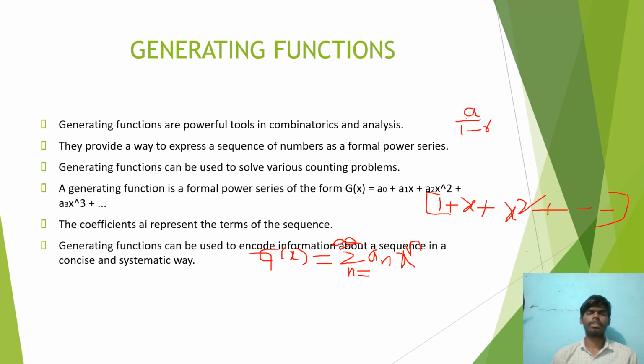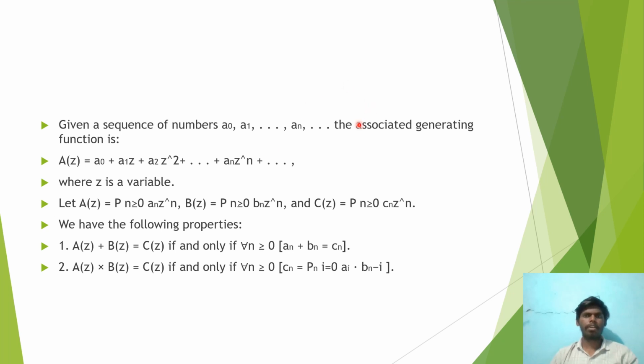And now let us see generating functions in more depth. Let us take a given sequence of numbers a_0, a_1, and so on up to a_n. They are associated with generating functions like A(z) is equal to a_0 plus a_1 z plus a_2 z squared plus a_3 z cubed, and so on up to a_n z to the power of n and so on, where z is a variable.